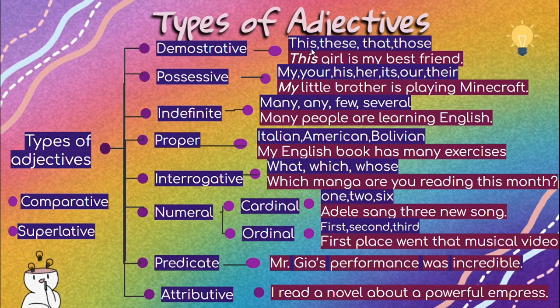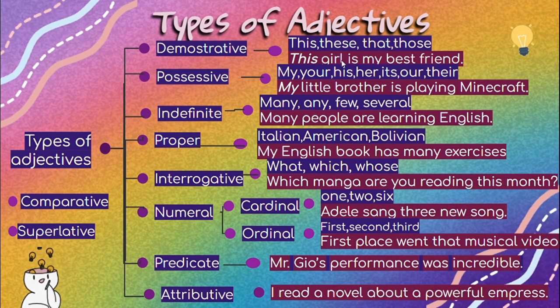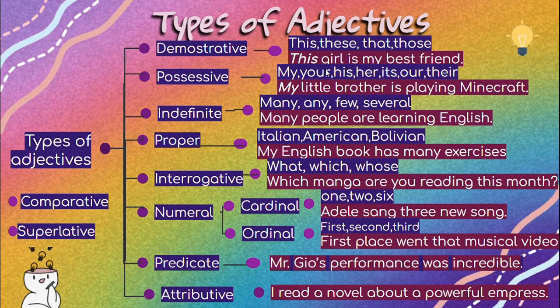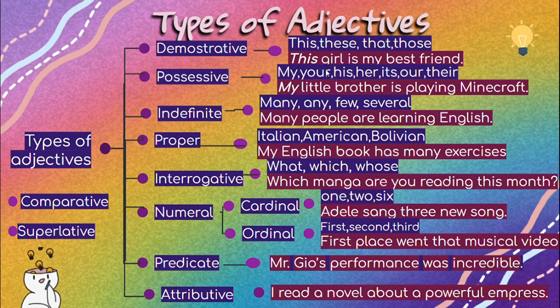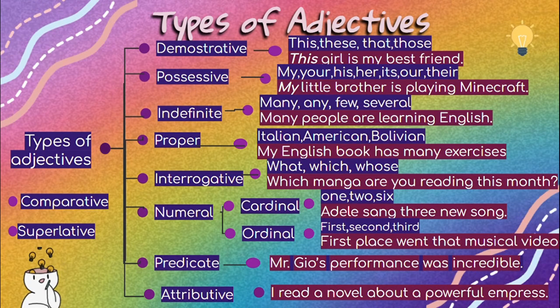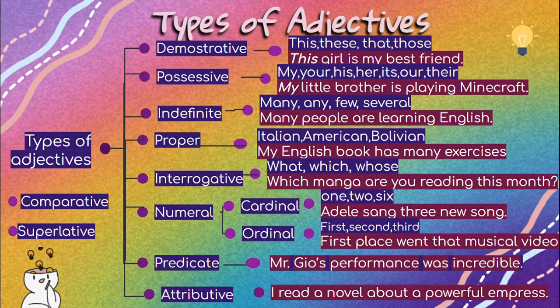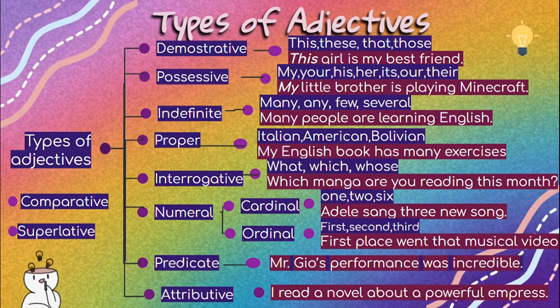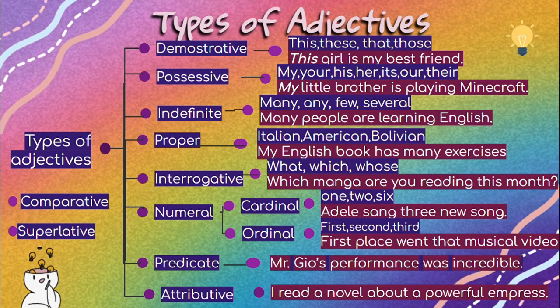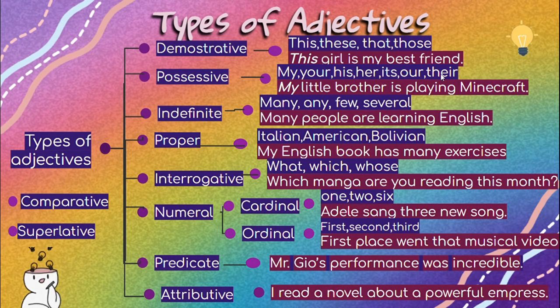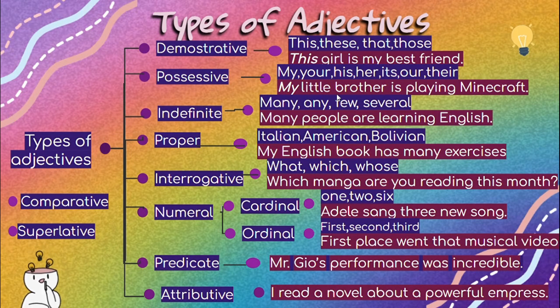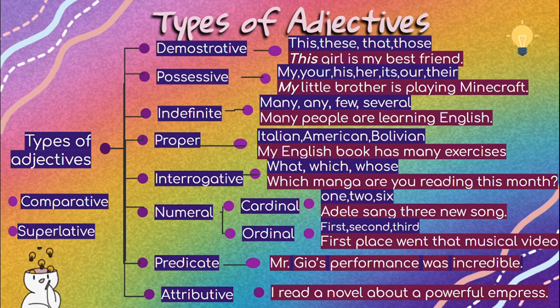This modifies girl. Possessive adjectives are often used to express possession or ownership. The most commonly used possessive adjectives are my, your, his, her, its, or their. For example, my little brother is playing Minecraft.